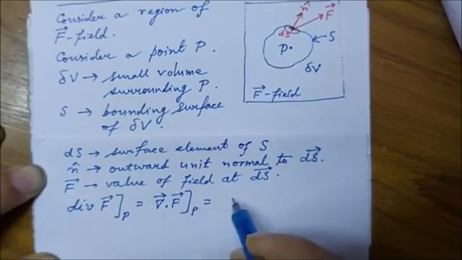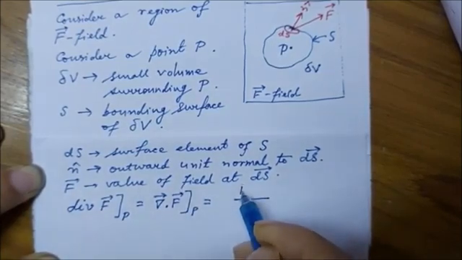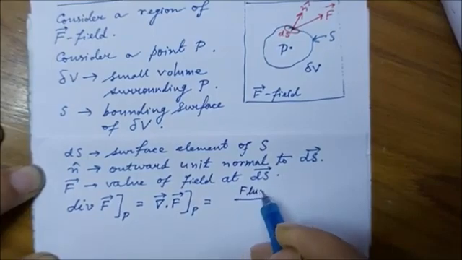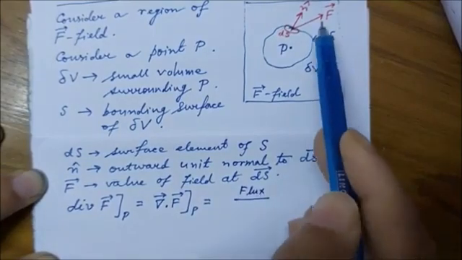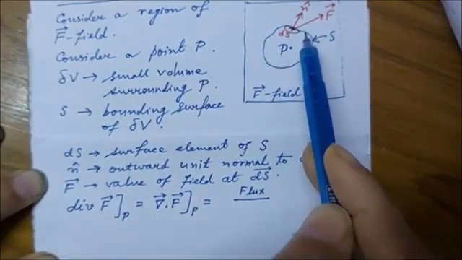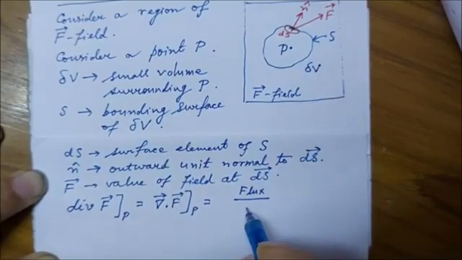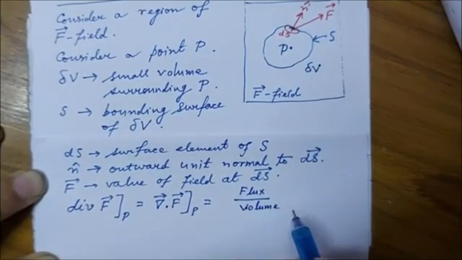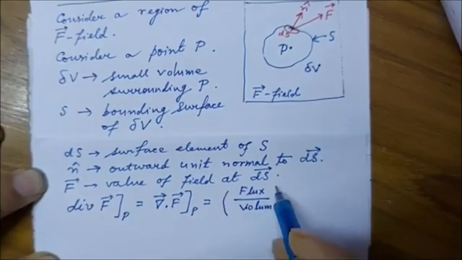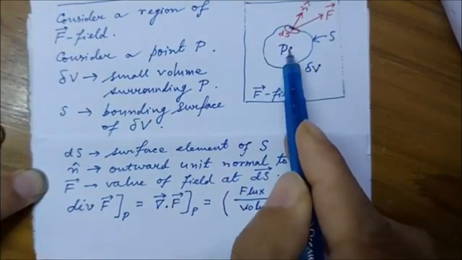Divergence of f is a ratio of flux of vector f across delta S per unit volume as the volume shrinks to this point.